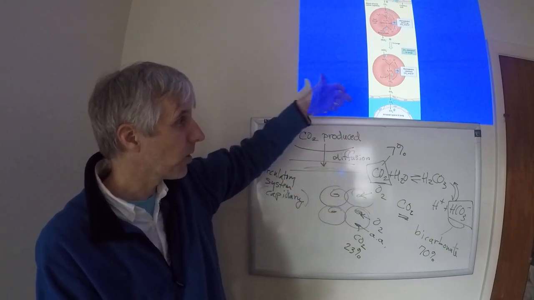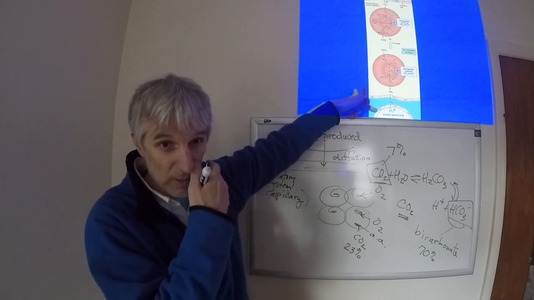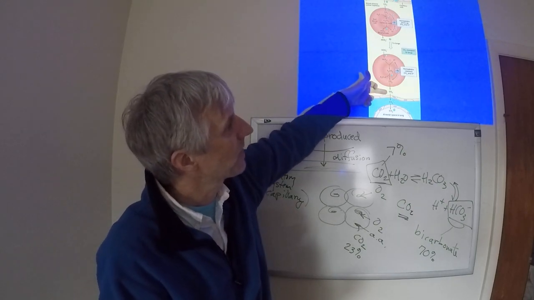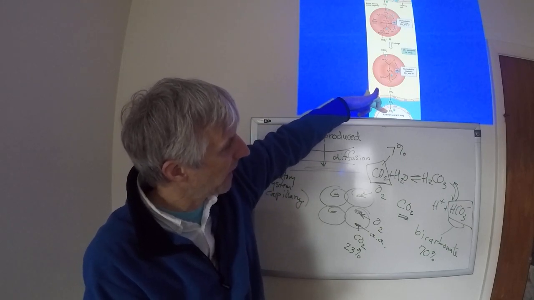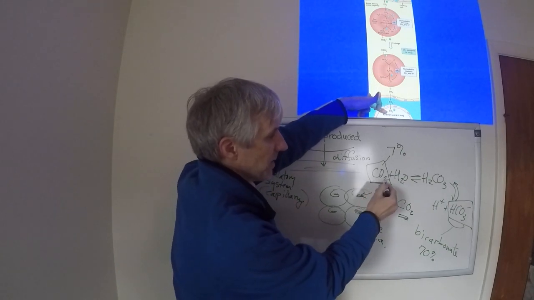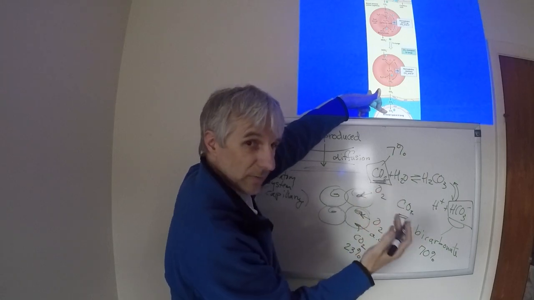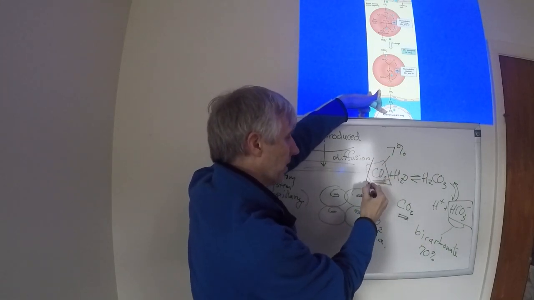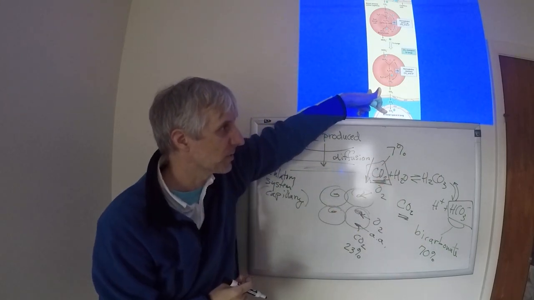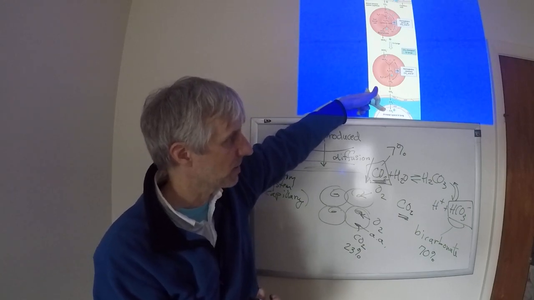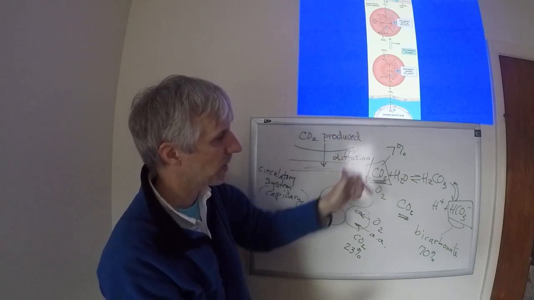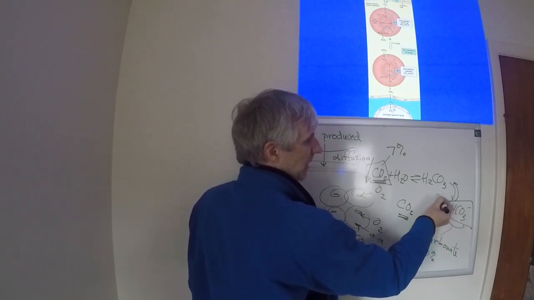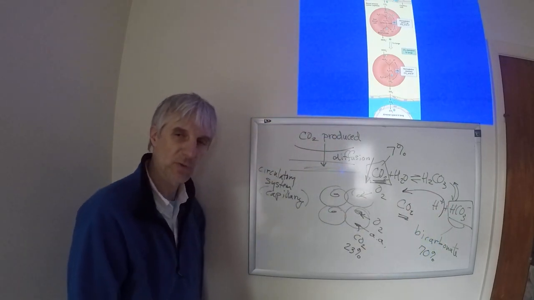There should be a lower concentration of CO2 in the alveoli. CO2 should begin to diffuse into the alveoli. And as the CO2 diffuses out of the circulatory system, we're dropping the amount of CO2 within the circulatory system. As you drop the CO2 from the circulatory system, the dynamic equilibrium should start to move in this direction.